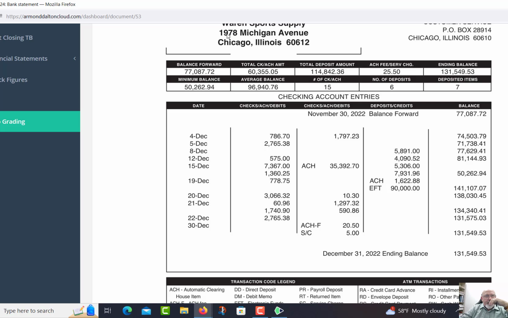So here's what we're going to do. Let me go back to this blank document. In our unadjusted trial balance, we have an amount for inventory. I don't know exactly what that is right now, but I'm thinking it's somewhere around 101,000 something.